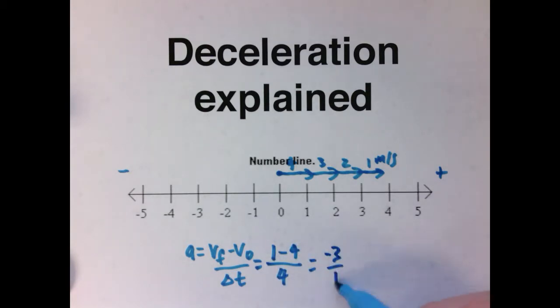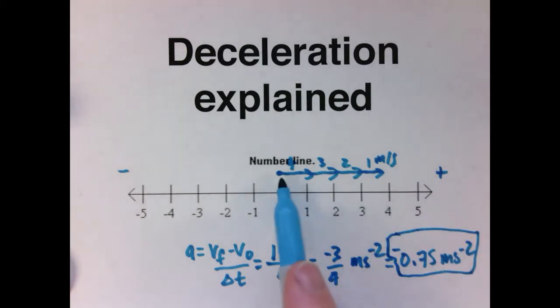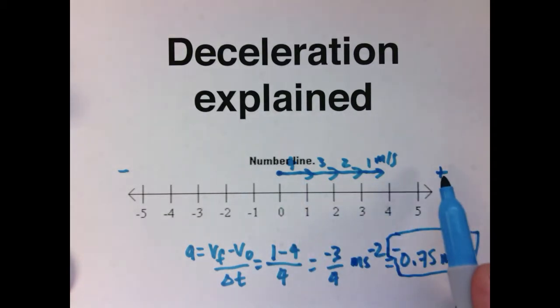We have negative 3/4 meters per second squared, 0.75 meters per second squared. Negative. In this case, in the positive direction, we're getting slower. So one could imagine then, or argue that we're getting slower in the negative direction.